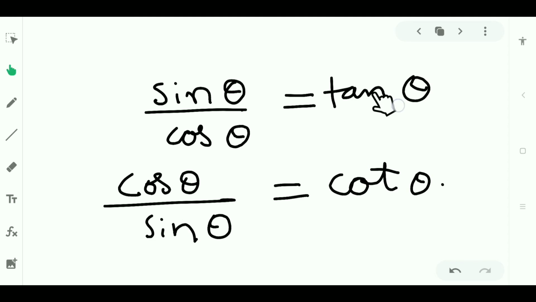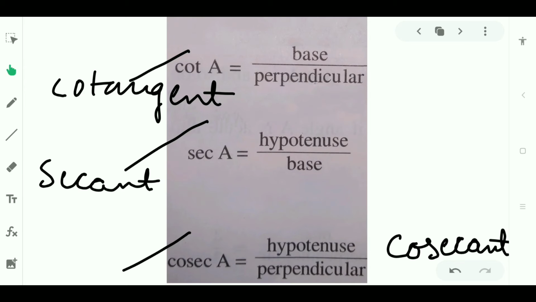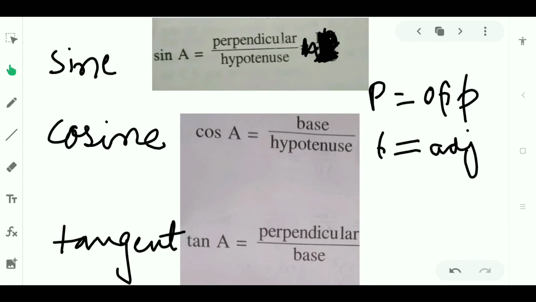When tangent is reciprocated, it means 1 is divided by it: 1 by perpendicular by base.